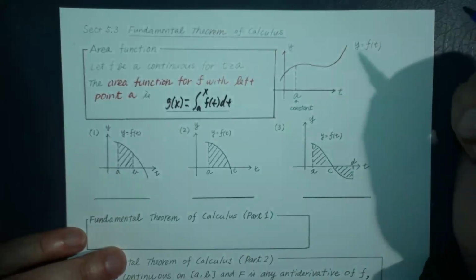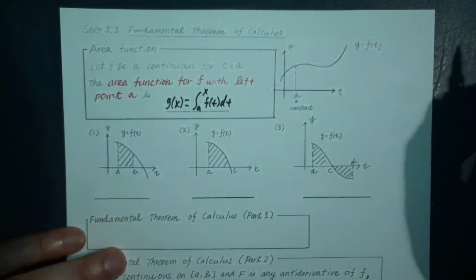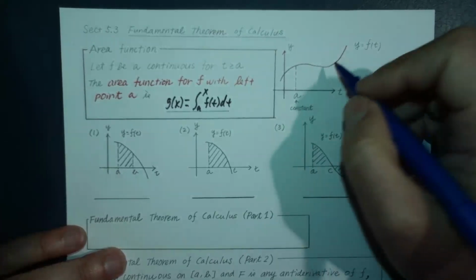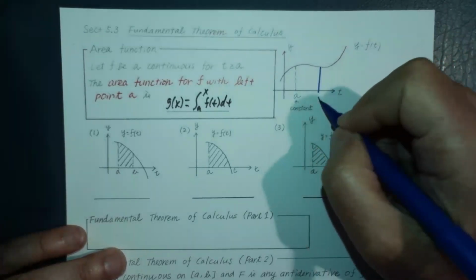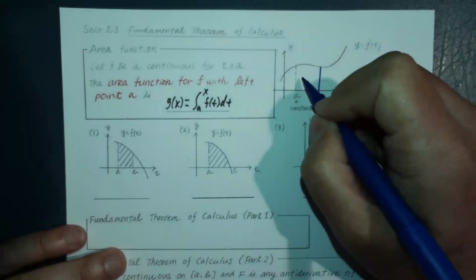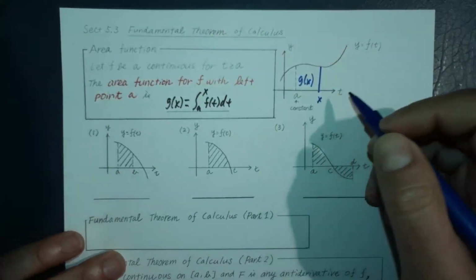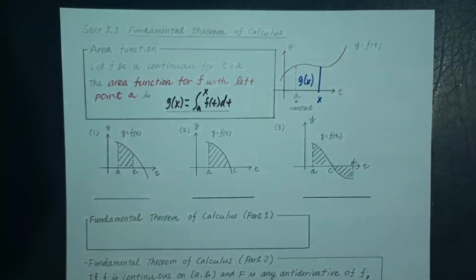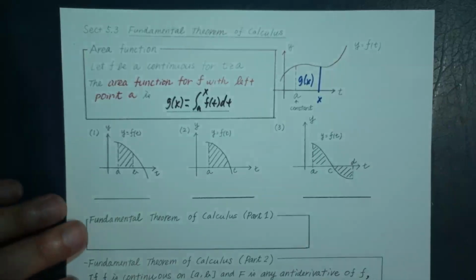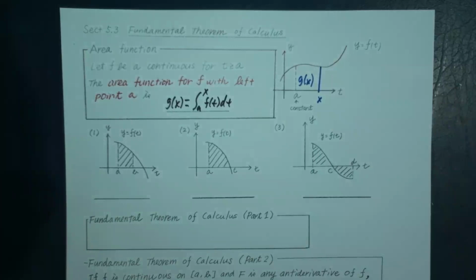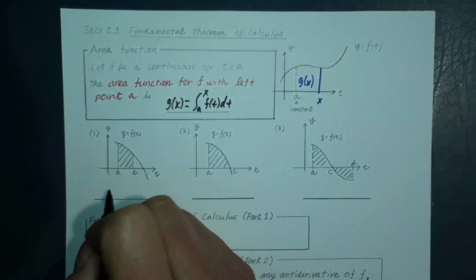T in this case is what's referred to as a dummy variable, meaning it's just sort of a placeholder until we can get to the x. And this is the x here. And our area function is this area here. And what's going to happen here is we are going to be integrating incrementally.